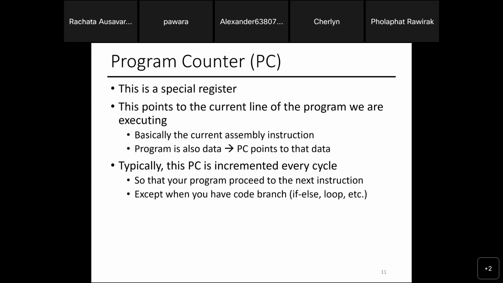We do that using what I told you earlier, the control flow instruction. If this is true, go here. If this is not true, go to the next line. Typically, the program counter gets incremented to the next line every cycle, go to the next line, go to the next line, unless you have an if else or a for loop.